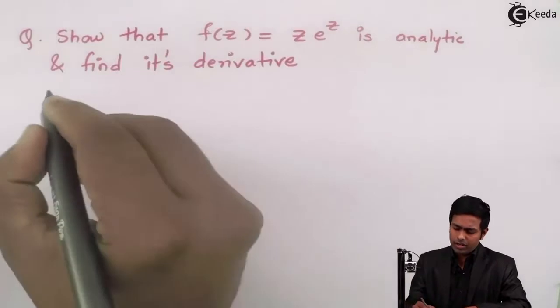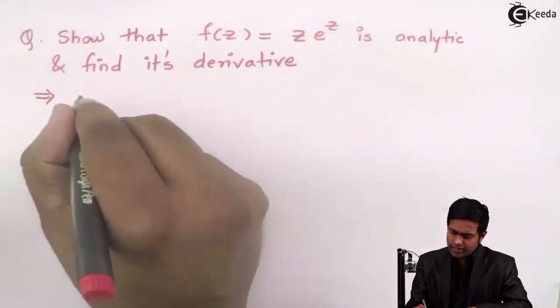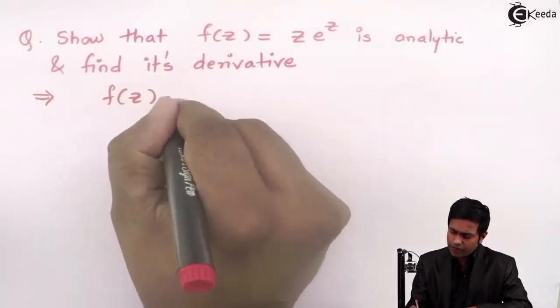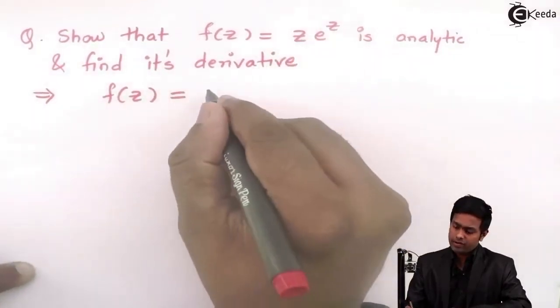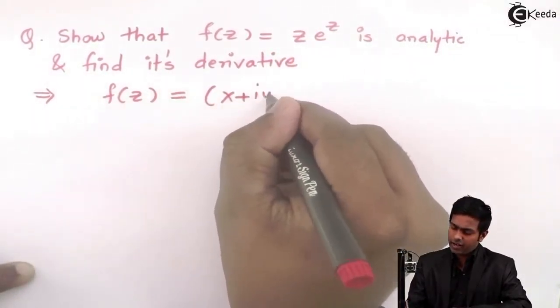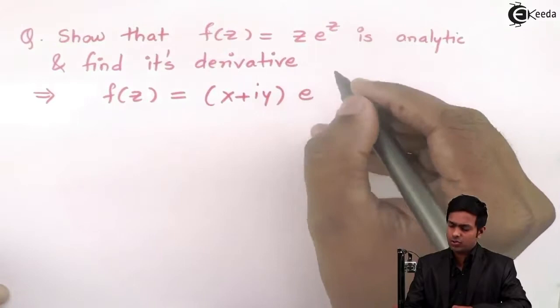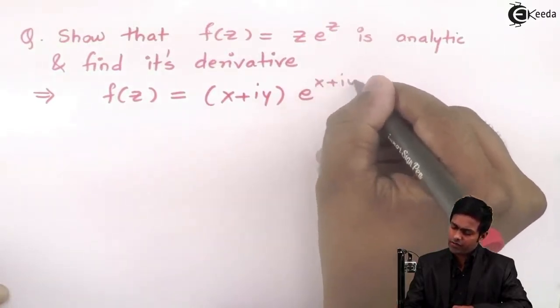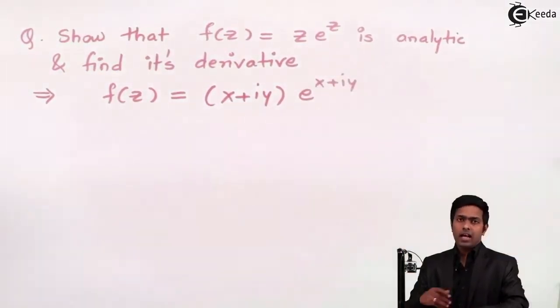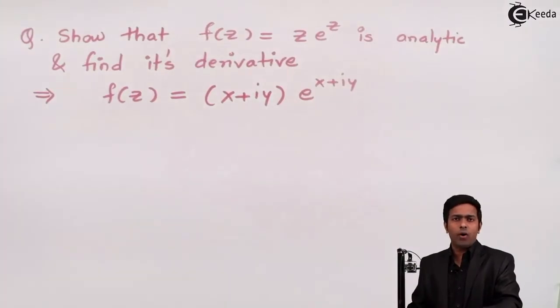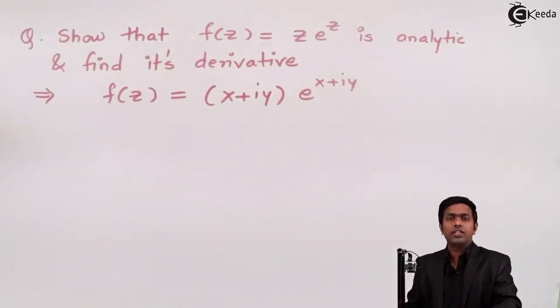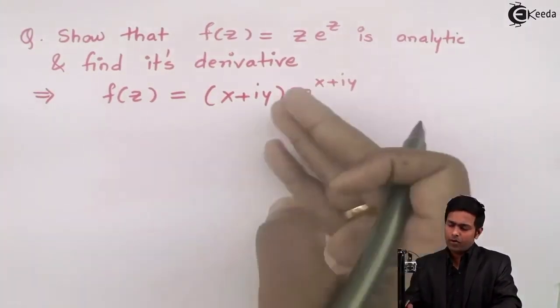So here let's start with f of z. f of z is equal to z, and z is nothing but x plus iy, times e raised to z, again x plus iy. So I have represented z in the Cartesian form of a complex number, which is x plus iy. Now let's solve this.